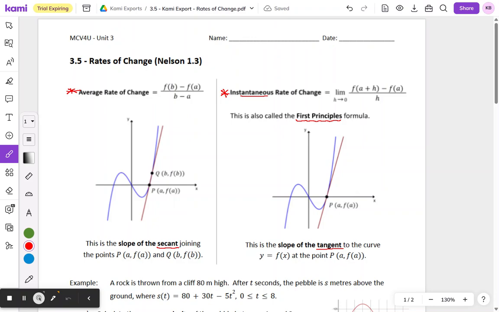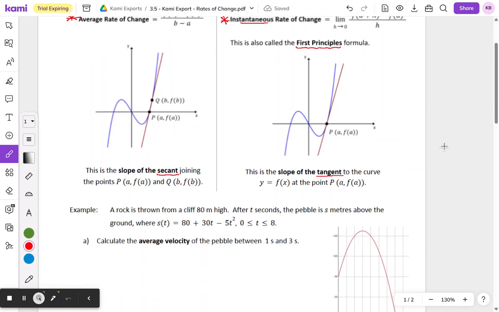We will go from here beyond first principles to calculating derivatives directly. So the idea with the instant rate of change is basically doing a derivative from what is called first principles, okay? Just so you recognize it when that term is used.